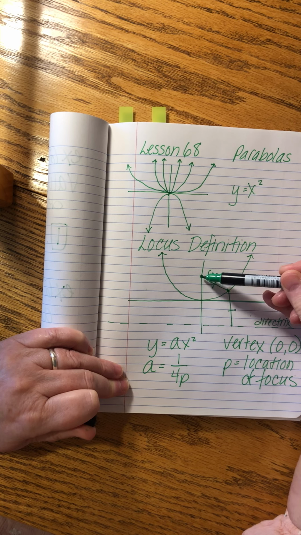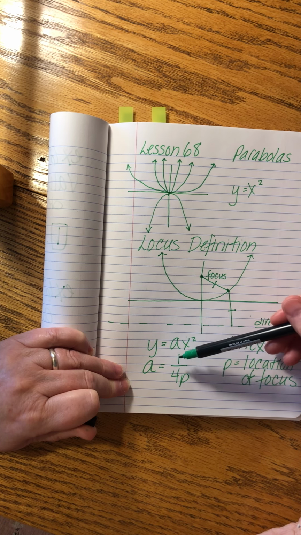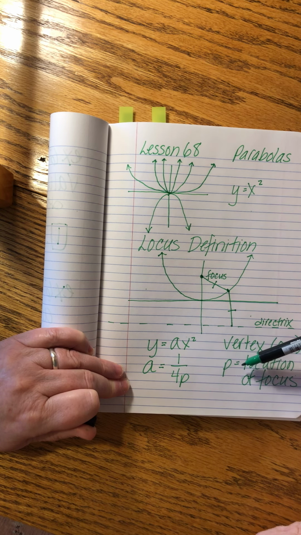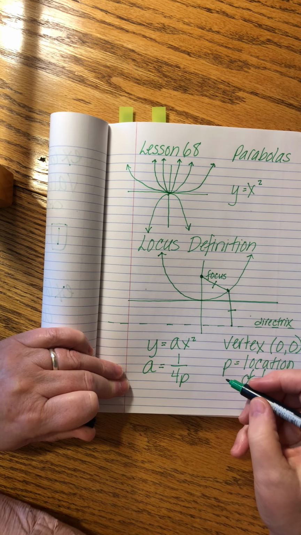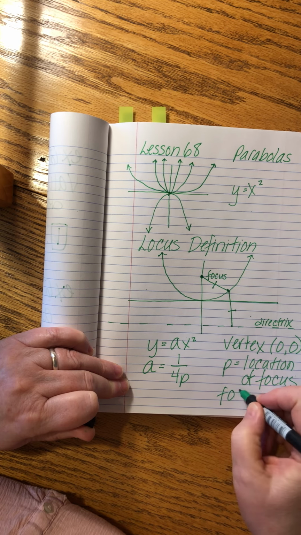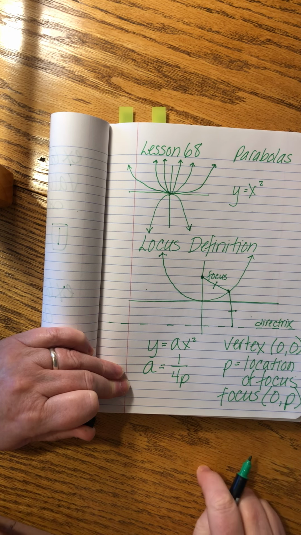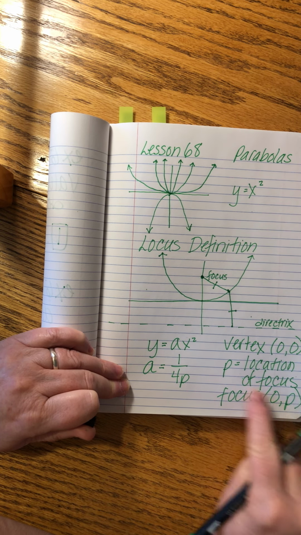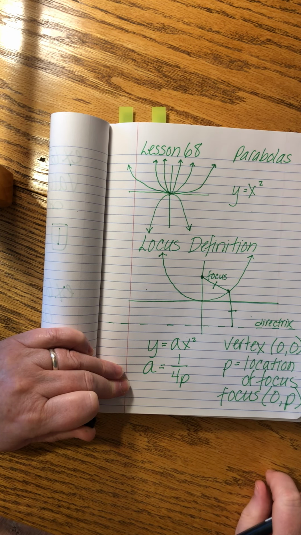It'll always be on the y-axis like this, but we create this coefficient 1 over 4 times the location of the focus. So we would say the focus is at point 0, p, right? The second value just tells us where that is.